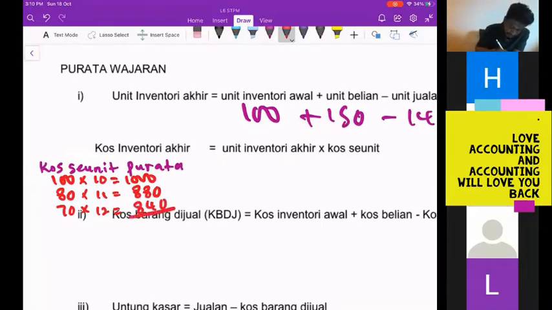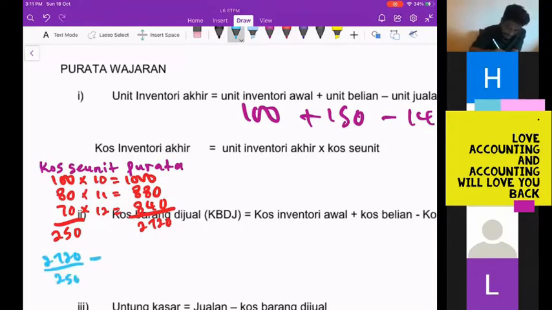So total up. 100 plus 80 plus 70, I get 250. 1,000 plus 880 plus 840, 2720. Okay, you take the 2720 divide with 250, you'll get cost purata per unit.